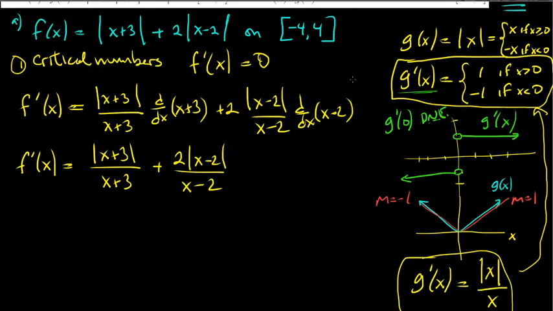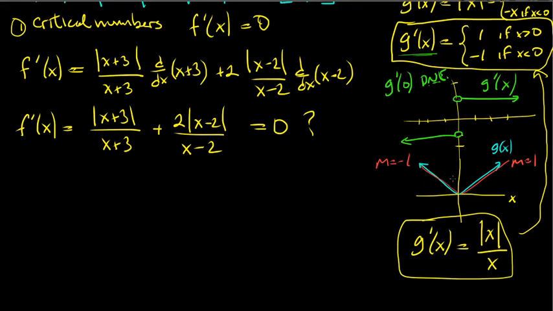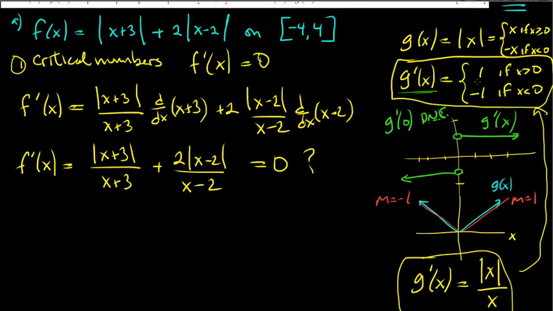Now, remember, the critical numbers are where this equals 0. Where does this equal 0? Solve that equation. This is not an easy one to solve, but go back to the picture here. Whenever you take the derivative of the absolute value, it's either 1 or -1.